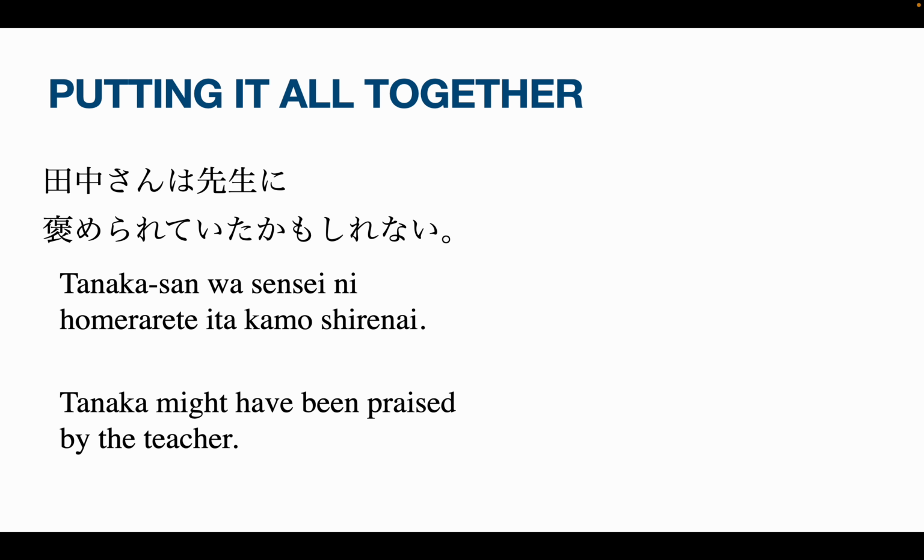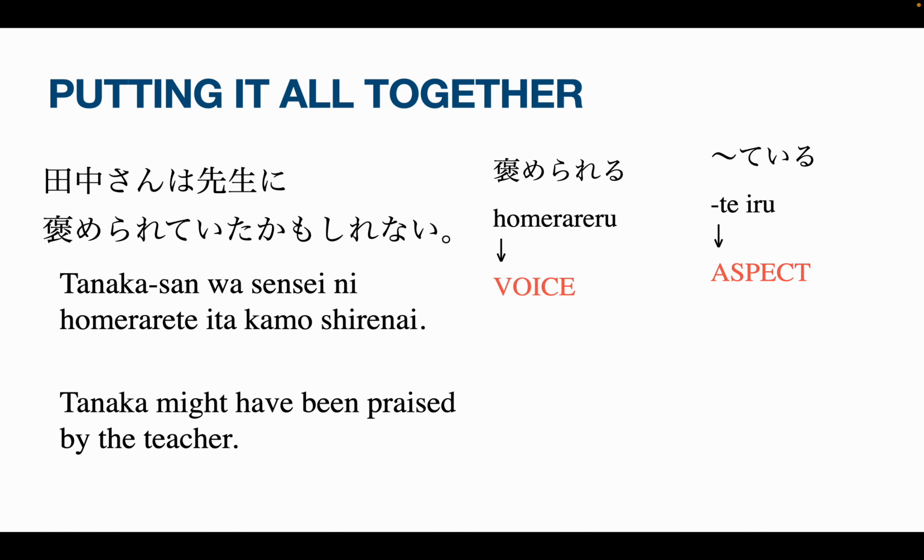First, 褒められる. This is voice. Means this sentence is passive. So that's the voice. Next, ている. This gives us information about the aspect of the event.